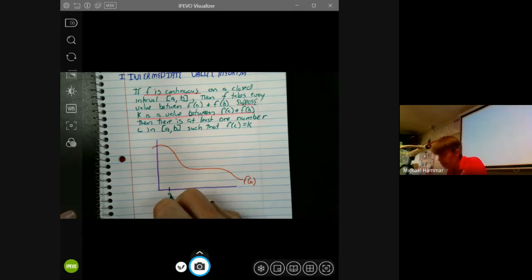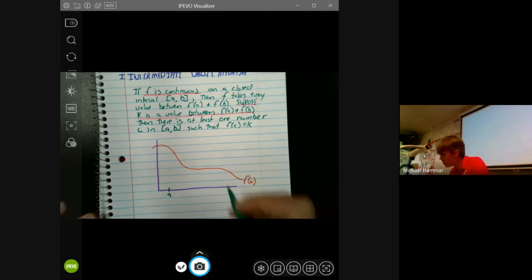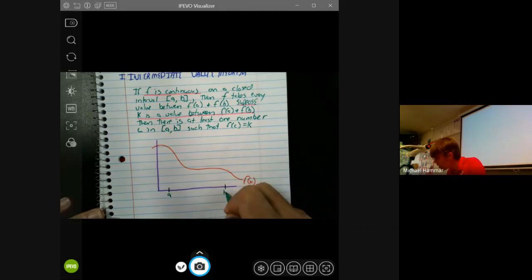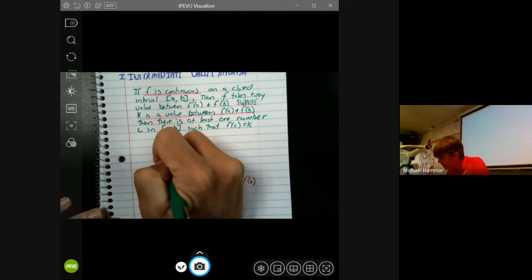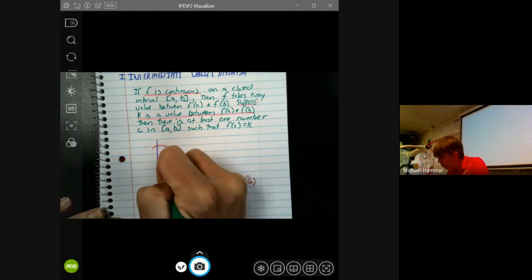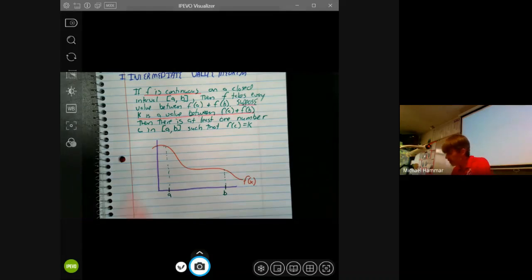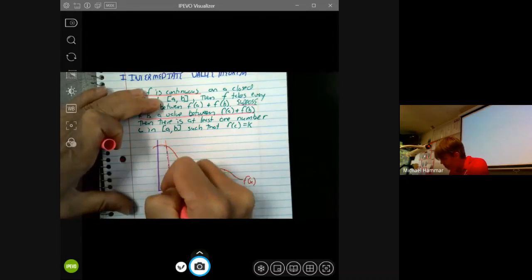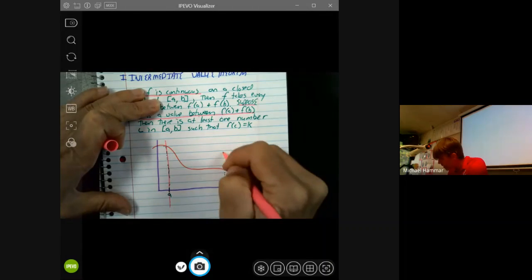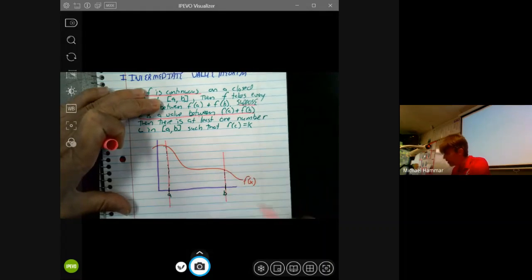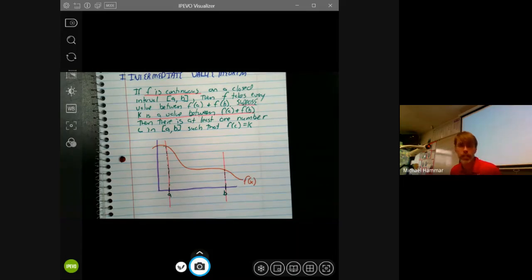So I'm going to pick some arbitrary a on the x-axis, and some arbitrary b, and I'm going to use pink to make some lines, and so now we have this interval between here and here.